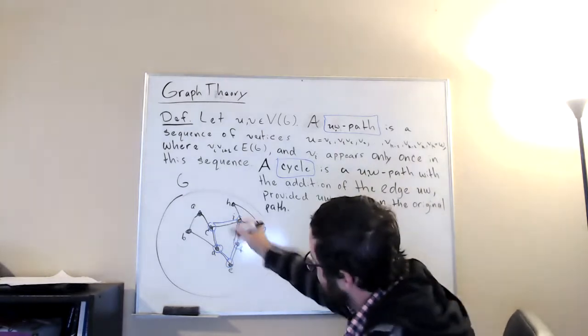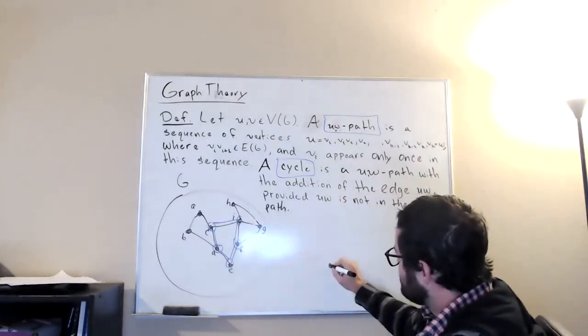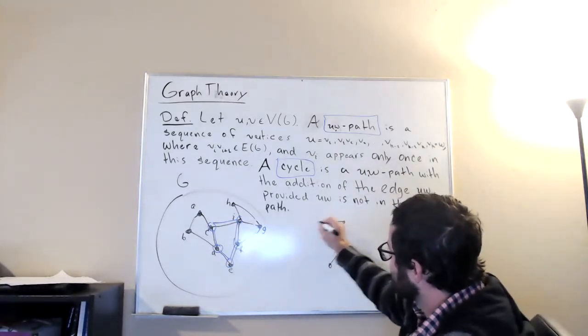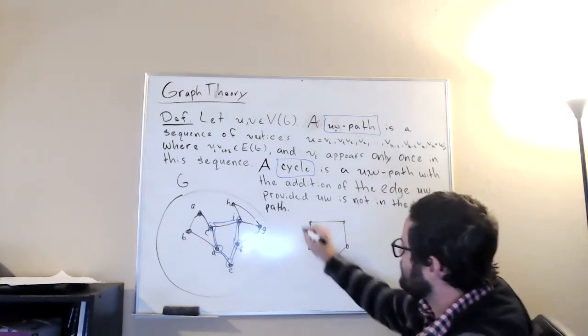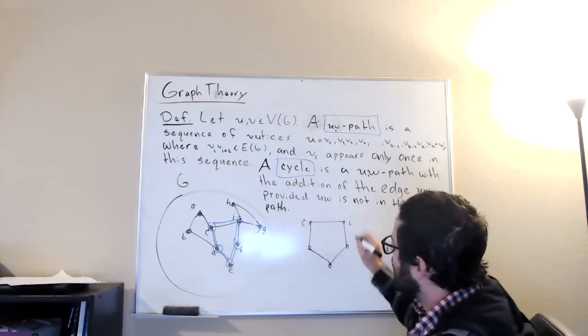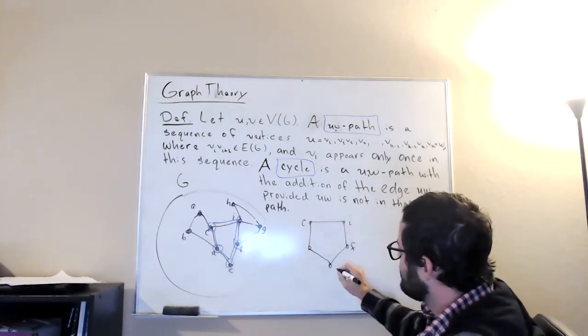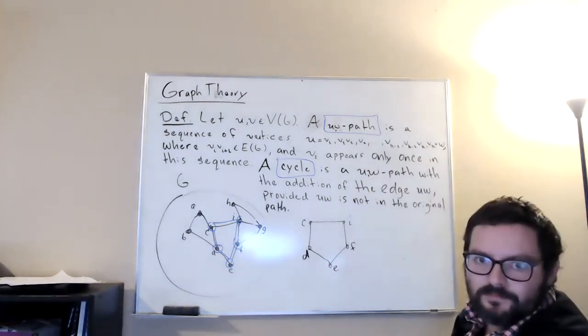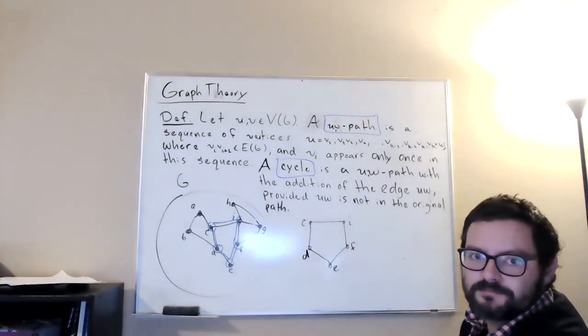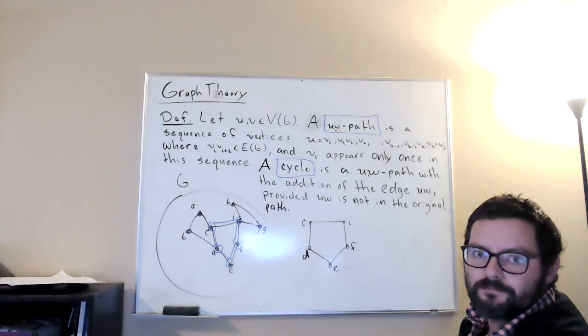Okay, so then if you drew this cycle, it would look like this: C, I, F, E, and D. So that's a cycle. Okay? So far, so good?